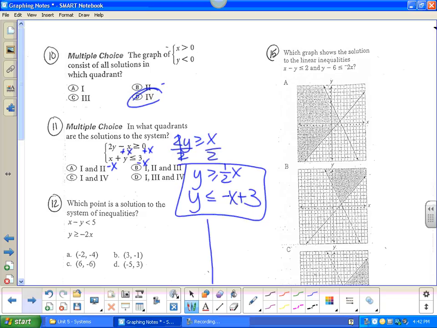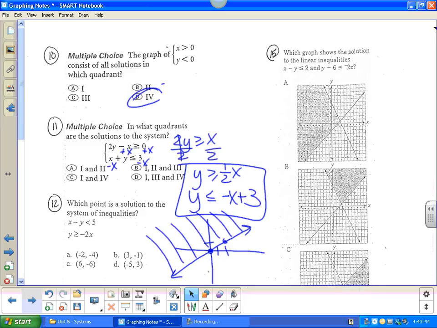I'm just going to kind of baby graph them. So I'm going to go to 0, and then I'm going to go up 1, right 2, solid and greater than. And then the other one, I'm going to go up 3, and then down 1, right 1, and solid, and less than, so shade down.